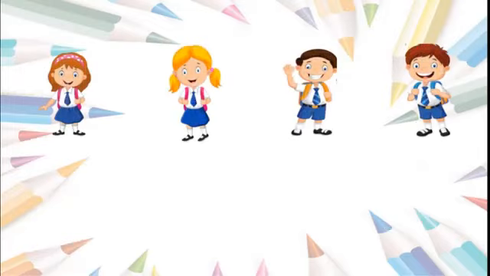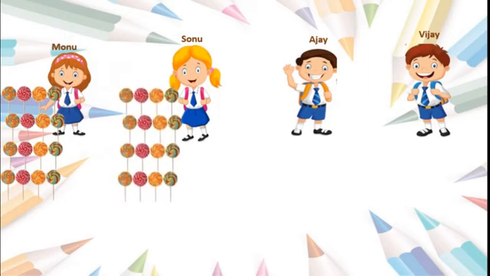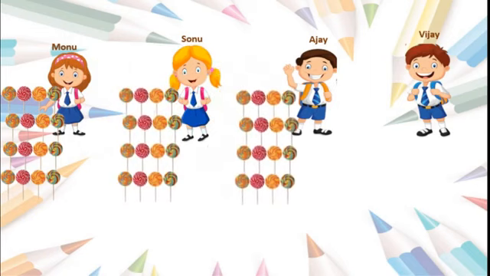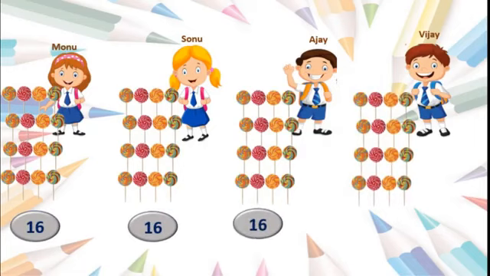Now the students, Sonu, Monu, Ajay and Vijay, they got 16 lollipops, right? See, Monu got 16 lollipops. Sonu also got 16. Ajay too got 16 lollipops. And Vijay also got 16 lollipops.